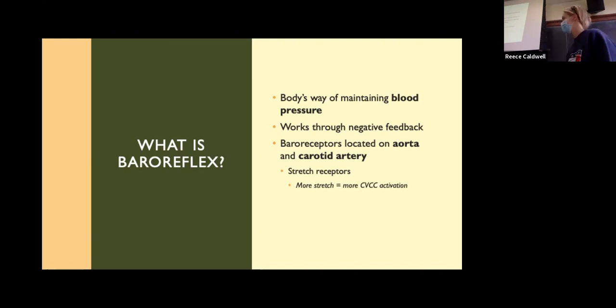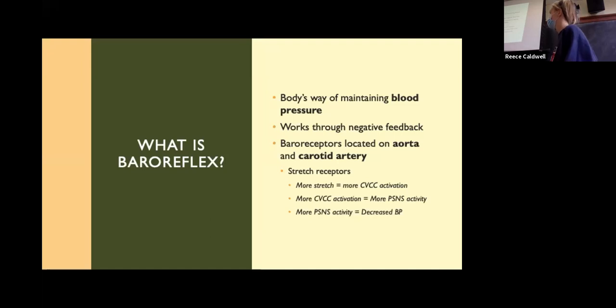CVCC means cardiovascular control center. Just like we have the neural control center, we also have the cardiovascular control center. When we have more cardiovascular control activation, we'll have more PSNS activity, so more rest or digest activity. And this will lead to a decrease in blood pressure.